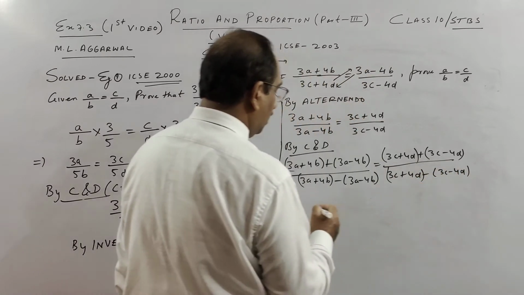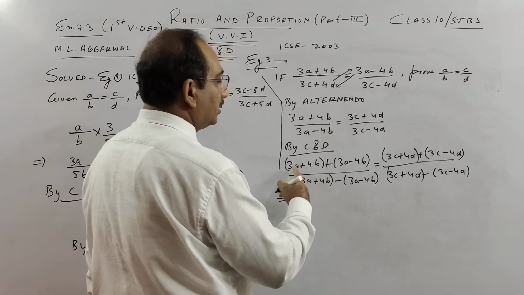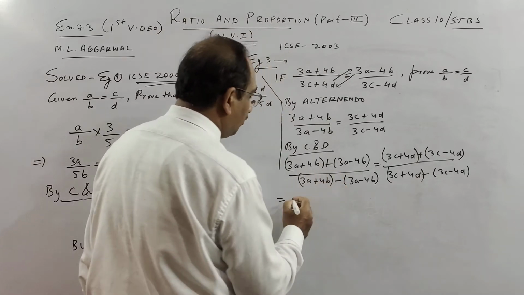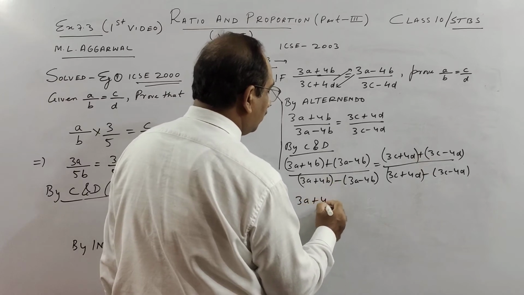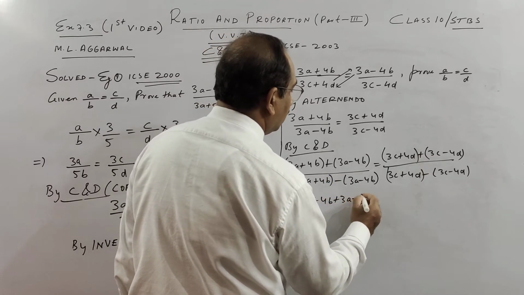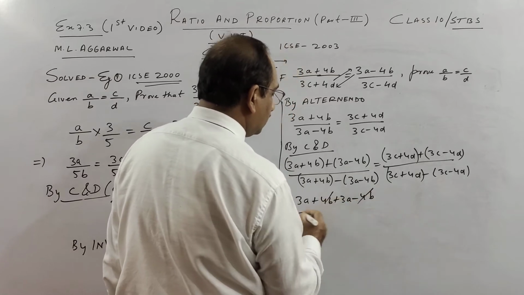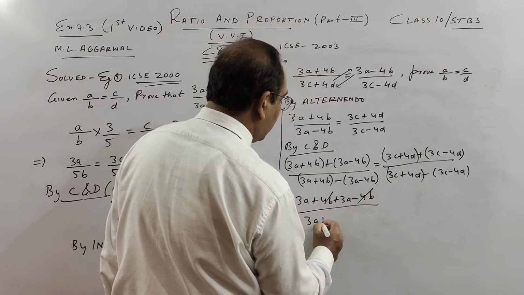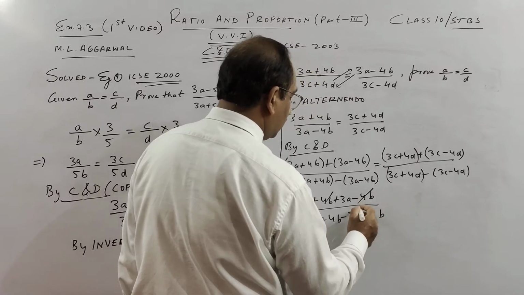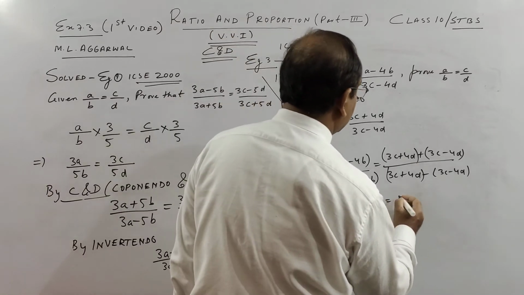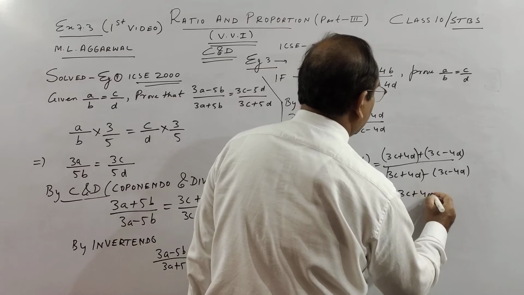Got it? Now when you open the bracket, see what happens. Plus there is no problem, children. This becomes minus and this becomes plus, so this will cancel. Same thing over here.